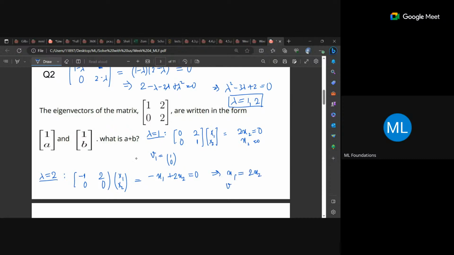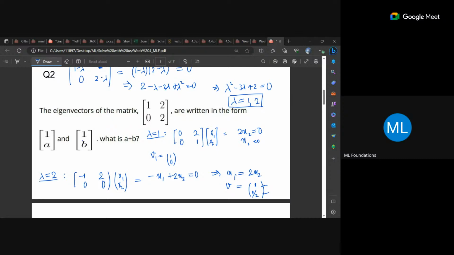I can write the eigenvector v as (1, 1/2), taking x2 to be 1/2. Why have I written it in the form 1 and 1 by 2? Because in the question, the eigenvectors are written in the form (1, a) and (1, b), so I have tried to bring it to the same format.